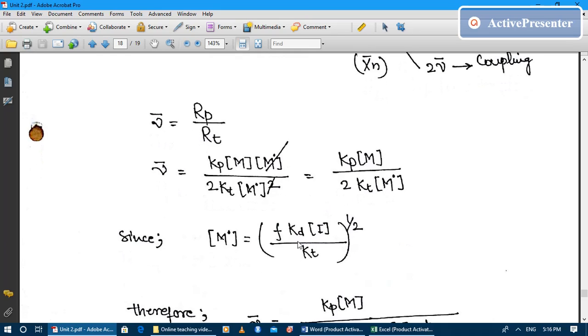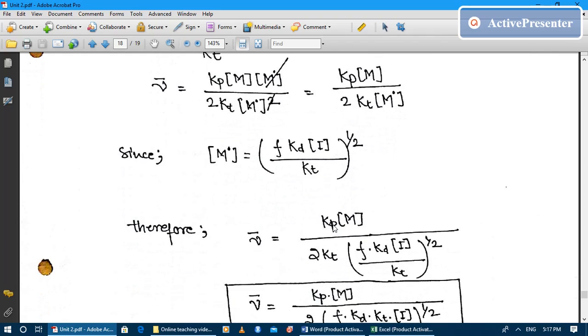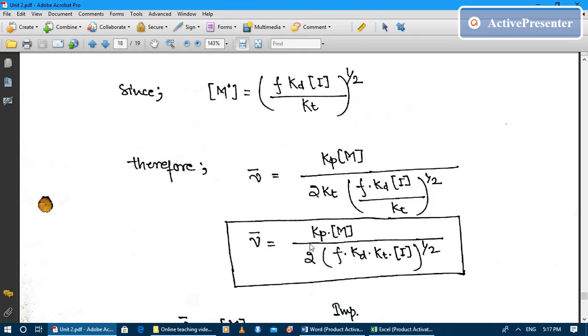From the earlier equation we know that the concentration of M dot is equal to the square root of f kd I over kt. We put this value in the equation, and nu bar will be Kp M over 2 Kt times the square root of f kd I over kt. So finally we get the equation for nu bar as this.